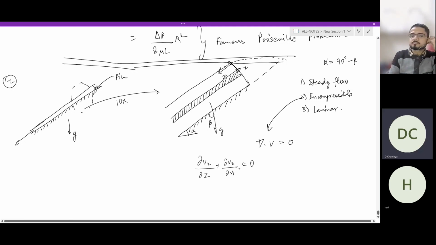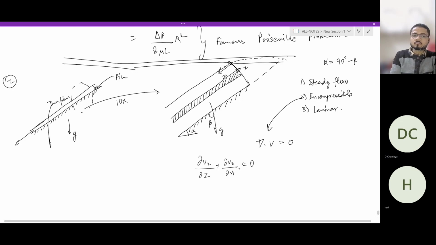And since this is actually a very thin film, this flow can be considered to be a planar flow.